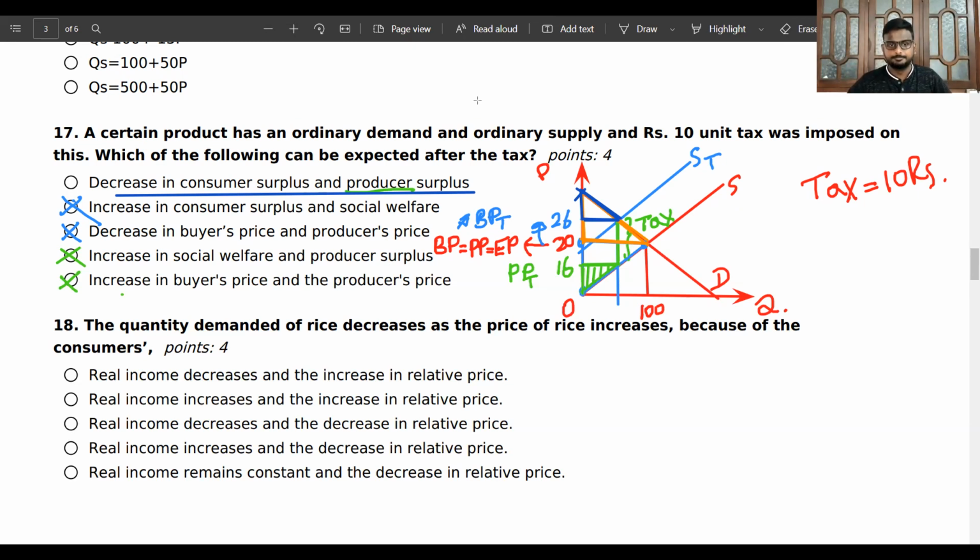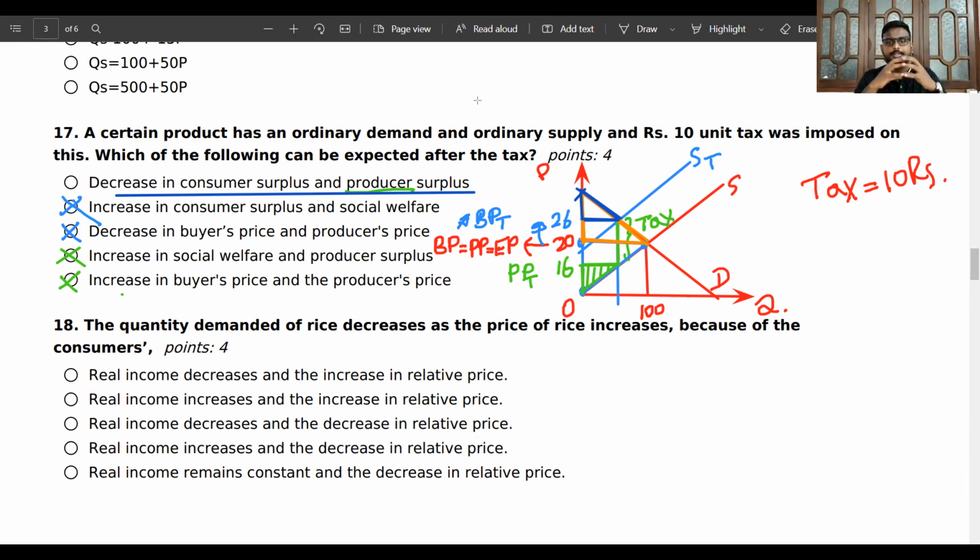But if you tally everything, as a society we have the consumer, producer, and the government. All three parties put together, that's the society. The government has earned something that the producer and consumers lost, but there will be a part that is lost by the consumer and producer, but not earned by the government.